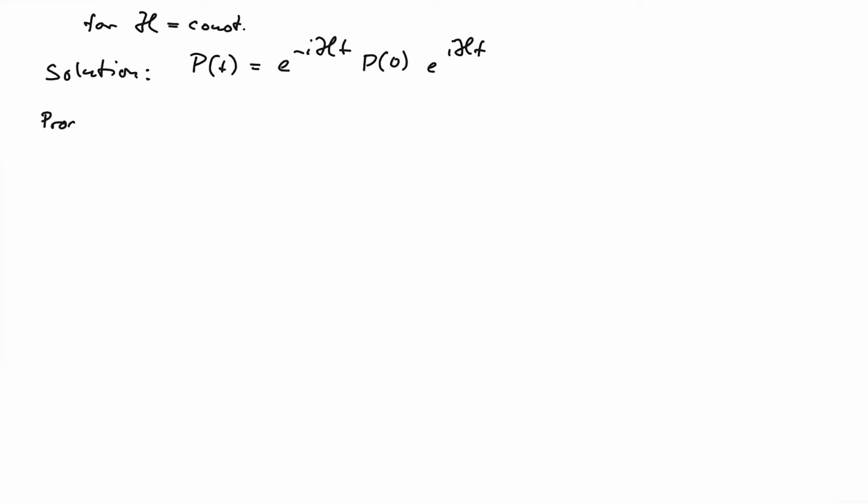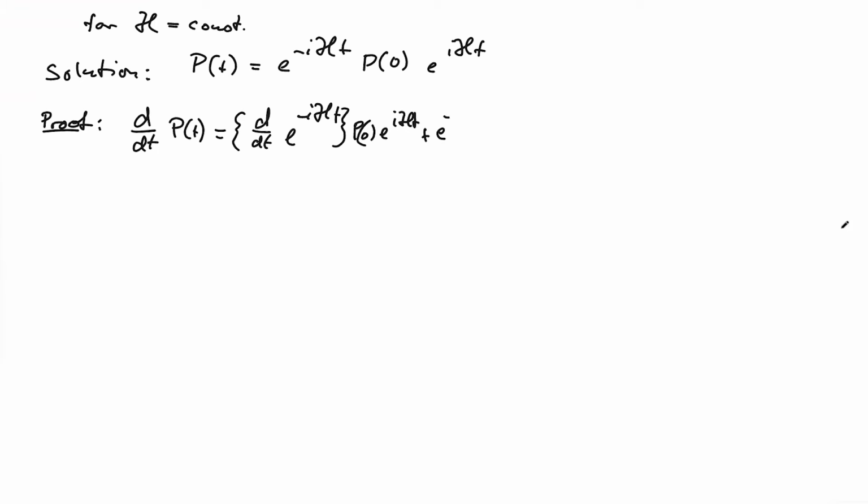And a quick proof simply means that we have d over dt of P of t is now d over dt e to the minus iHt times P of 0, e to the iHt, plus the other terms of the product rule, which is e to the minus iHt, now d over dt P of 0, times e to the iHt, plus e to the minus iHt P of 0, and now d over dt e to the iHt.